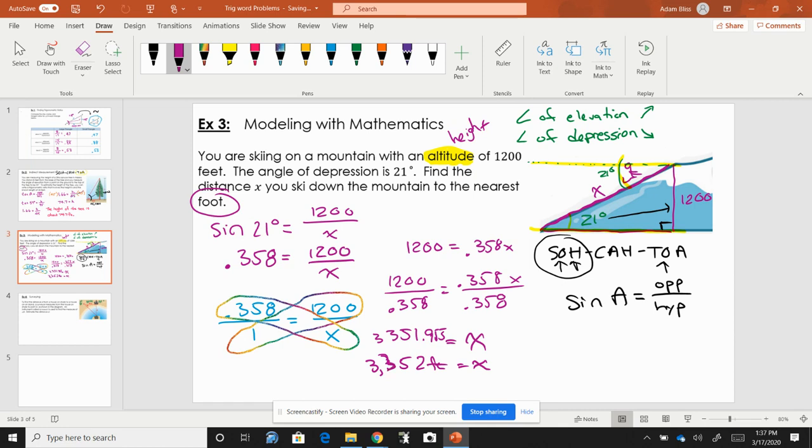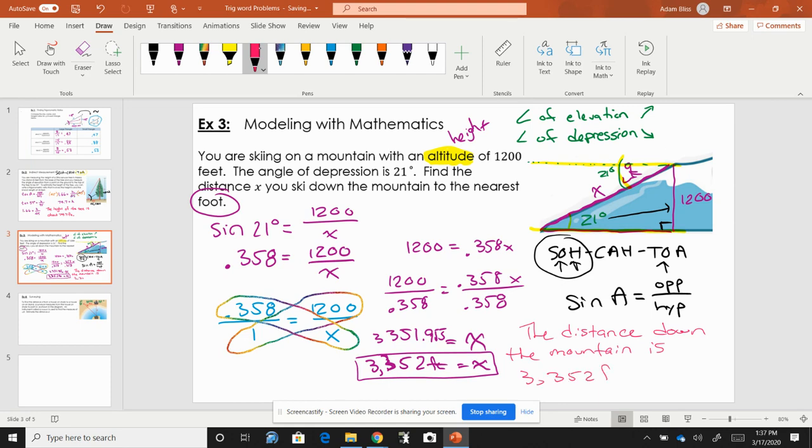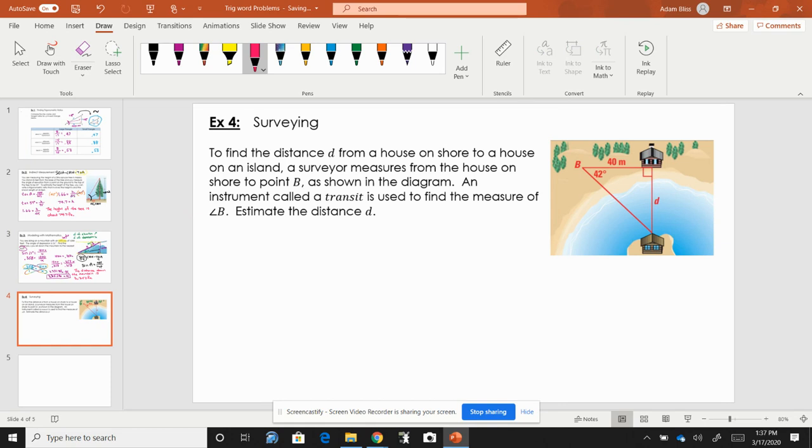That is a terrible 3. I apologize. All right. So the distance down the mountain is 3,352 feet.